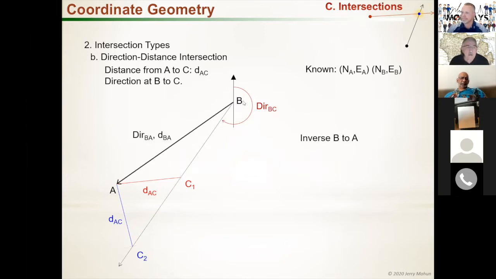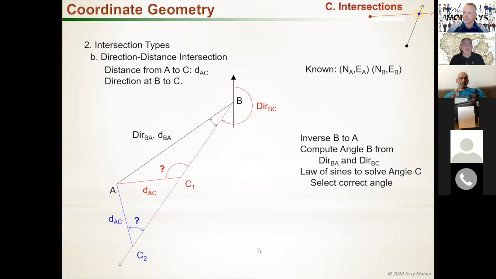Let's say that we're going to start solving by doing our inverse calculation here for our baseline again to establish distance and direction. So now we've got a length of our side, one side, length of another side, and we have an angle in here now because we have a direction and we have a direction. So we have 2 sides and an angle. So we have the side-side-angle triangle solution.